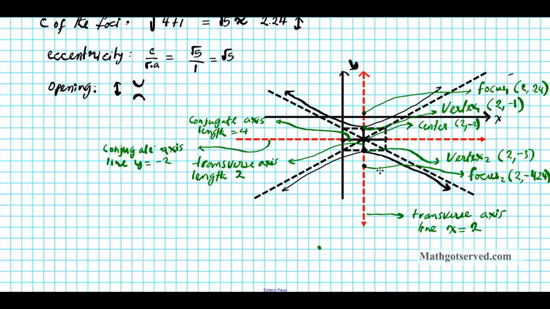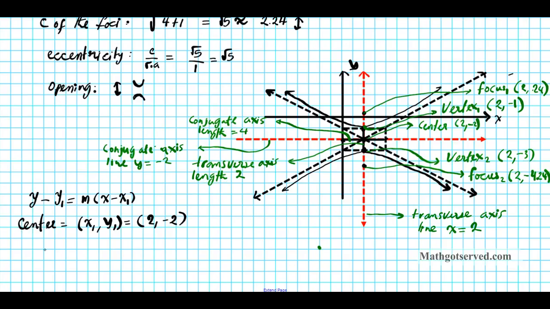So that's that. Now let's write down the equation of our asymptotes. For that, we're going to be using the point-slope form of the equation of a line, y minus y1 equals m times x minus x1. Note that our x1, y1 is the center, which is 2, -2.